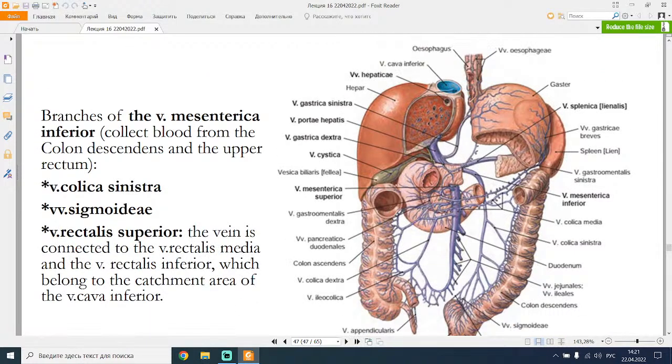Next, vena mesenterica inferior. It drains into the vena porta hepatis. It collects blood from the colon descendens and upper rectum.